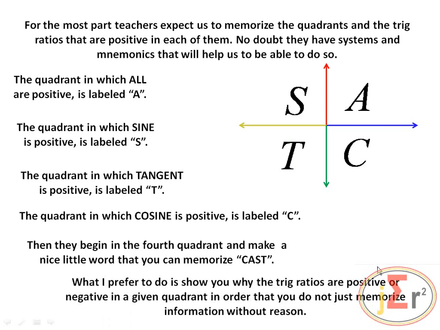What I prefer to do is show you why the trig ratios are positive or negative in a given quadrant, so that you do not just memorize information without reason. So what I'll do is show you how we know that sine is positive here and cosine is positive there, tangent is negative there, and so on.